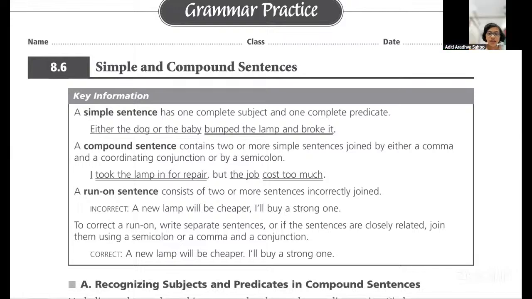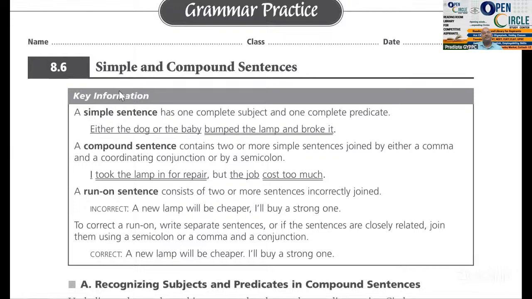Sir, a run-on sentence consists of two or more sentences that are incorrectly joined. Good. A run-on sentence is two sentences or more which are incorrectly joined. Look at the sentence given here: A new lamp will be cheaper, comma, I will buy a strong one.